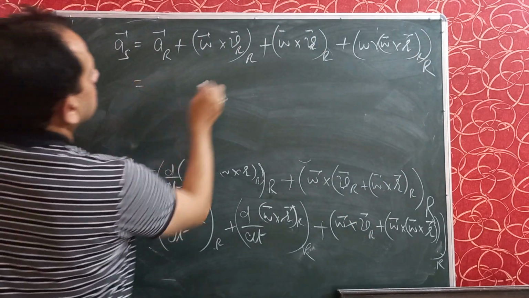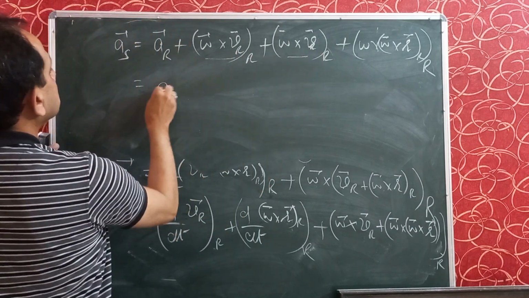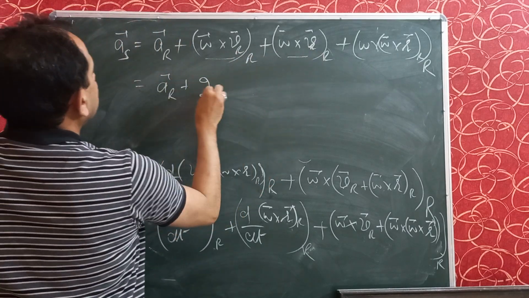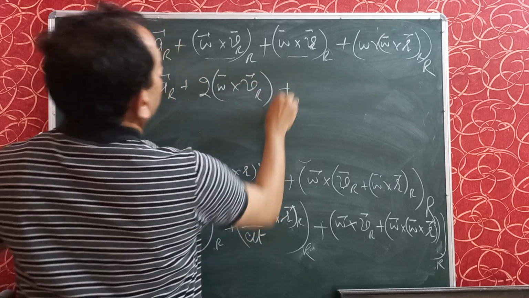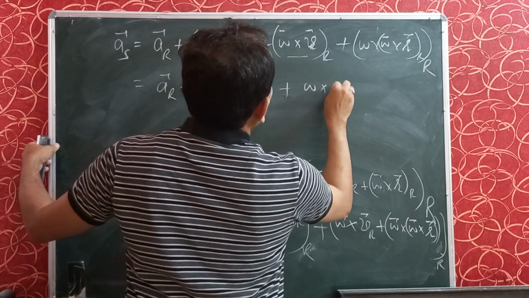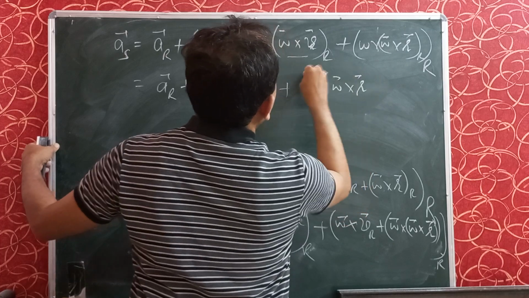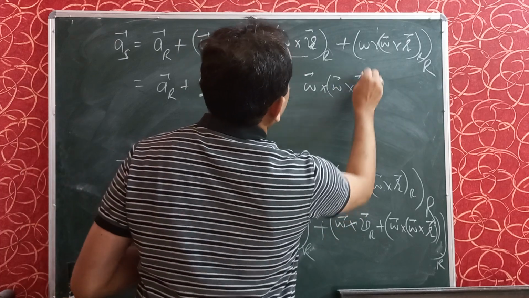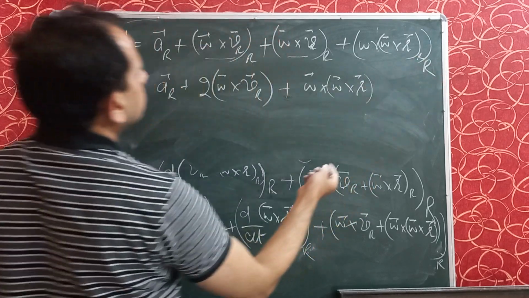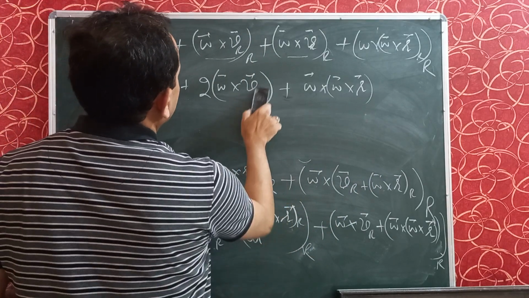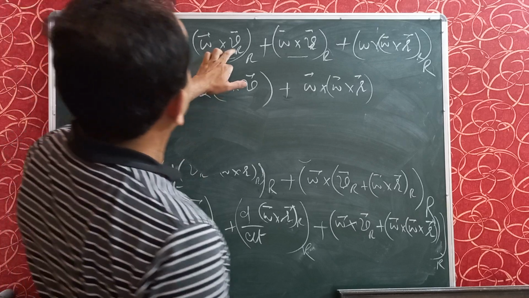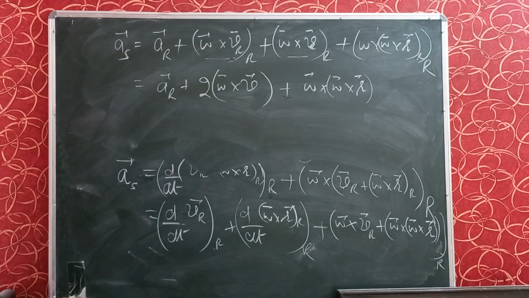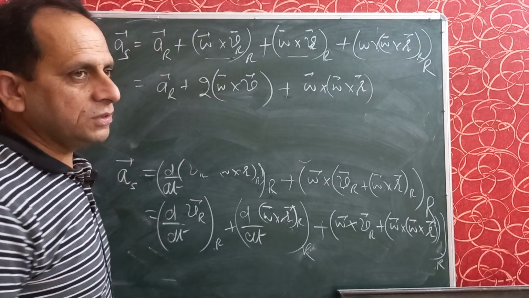These two terms are the same, so it is twice. It is Ar plus 2 omega cross Vr, plus omega cross omega cross r. We may skip the frame label because both frames are compatible.